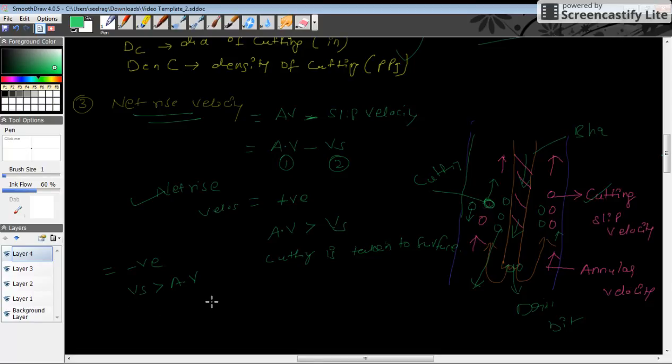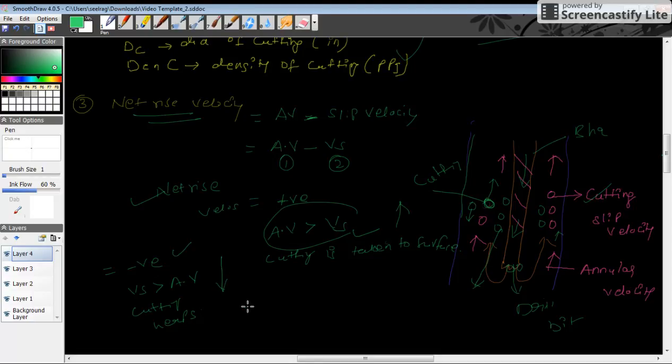This cutting falling down into the wellbore causes cutting heaps. In the first case, if annular velocity is greater than slip velocity, cuttings will travel to the surface. In the second case, if net rise velocity, the difference between annular velocity and slip velocity, is negative, then the cutting will tend to fall down.